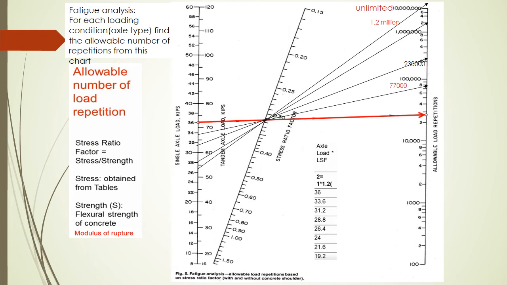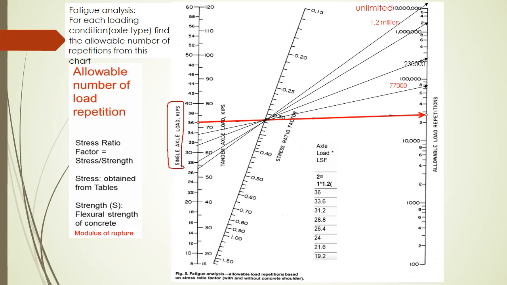Now let's see how to obtain the allowable load repetitions for fatigue analysis. I will do only single axles, and tandem axles will be the same. Remember that we enter single axles or tandem axles by multiplying the axle load with the load safety factor.